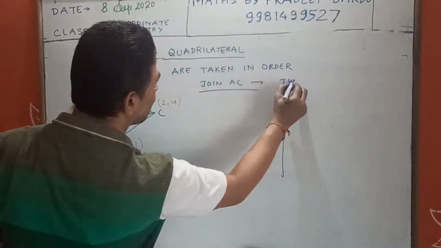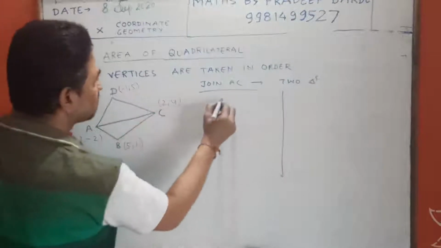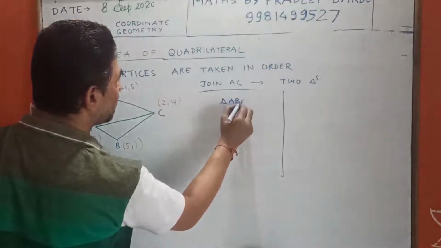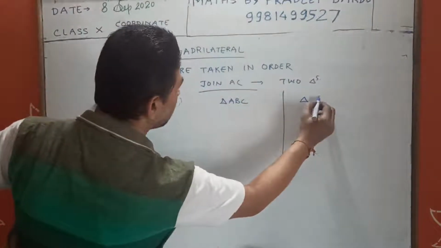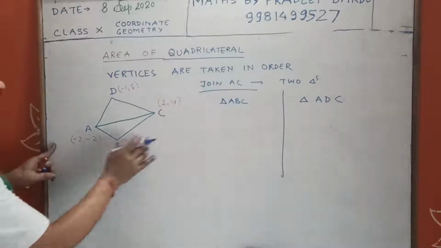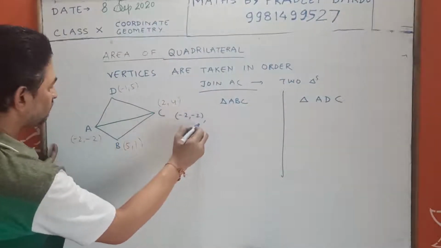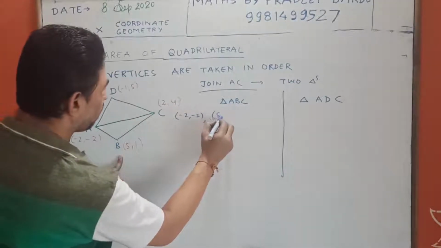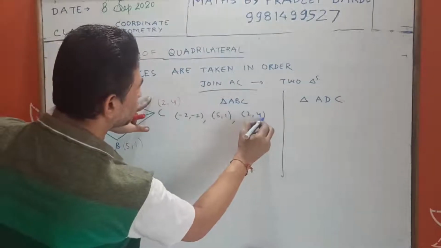Two triangles are there. One is triangle ABC, we will find its area. The other one is triangle ADC, we will find its area. So that there is no mistake, please write the vertices here, children. For ABC, this is (-2, -2) the first one, (5, 1) the next one, and (2, 4) is the third one.